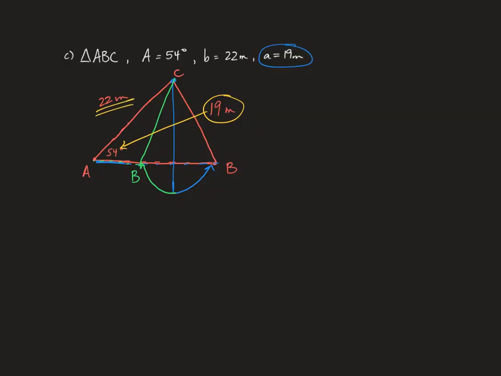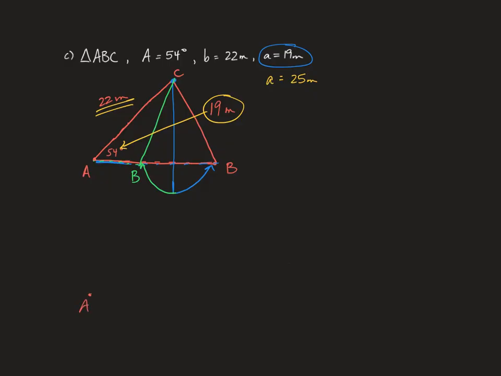So what I'm going to do is change up the information a little bit. And instead of having side A be 19 meters, I'm going to now change that to a side length of 25 meters. And I'm going to walk through constructing that triangle the exact same way.